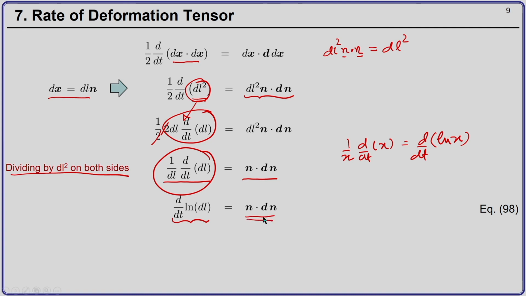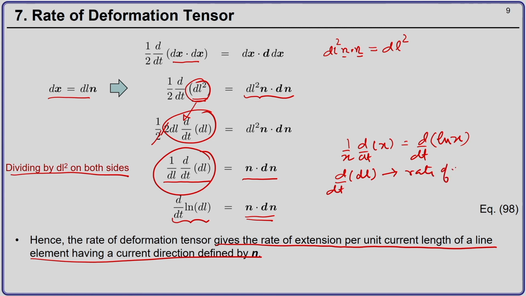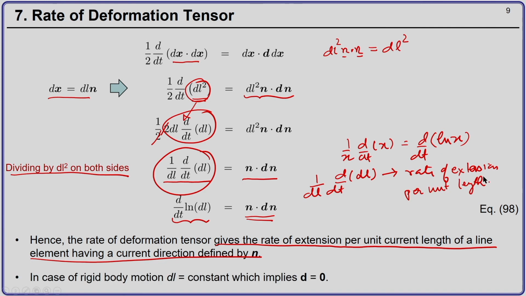So, what is the rate of deformation tensor giving you? It gives you the rate of extension per unit current length of a line element having a current direction defined by n. So, d by dt of dl is your rate of extension, and 1 by dl will give you the rate of extension per unit length.